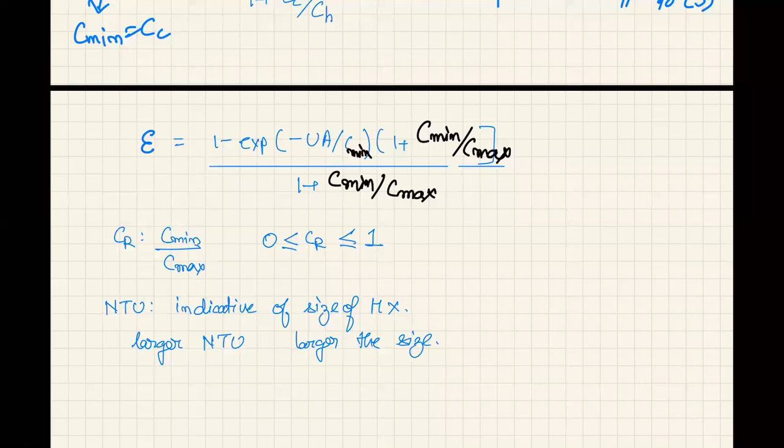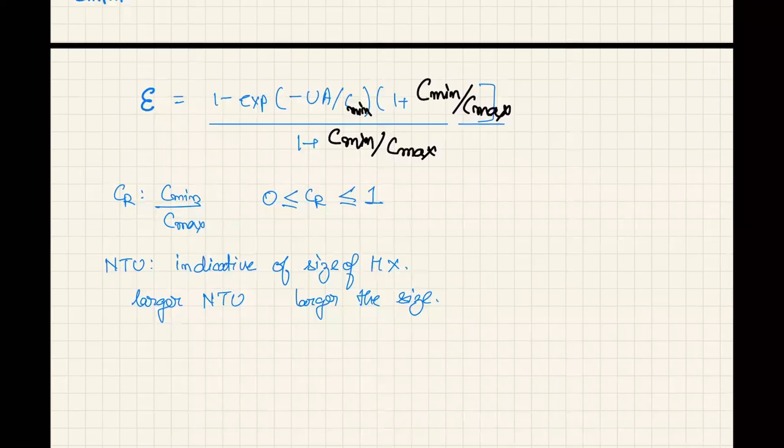Whenever I want to scale up something, I can use this NTU factor because it's a non-dimensional factor, and say tomorrow you want to scale it up to 10 times or 5 times, you can always come back and see this factor. So this is an indicative, non-dimensional number, which represents the size of your heat exchanger.